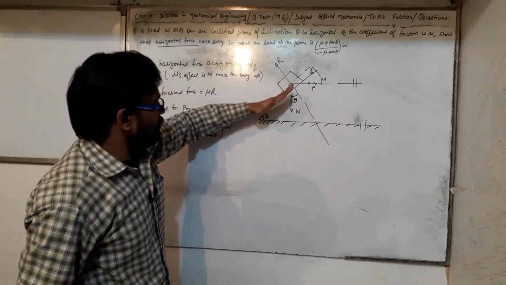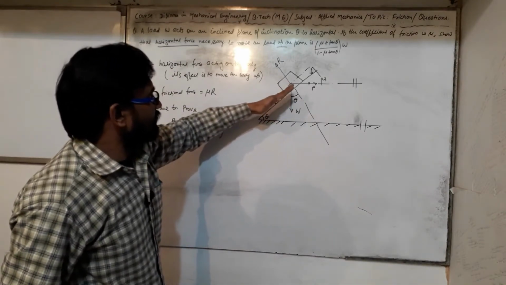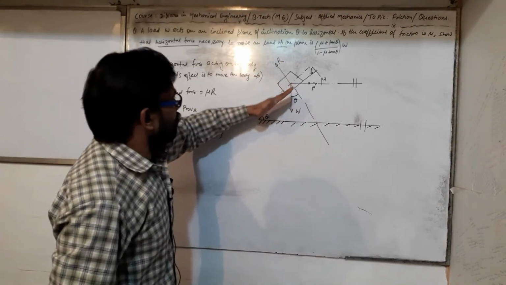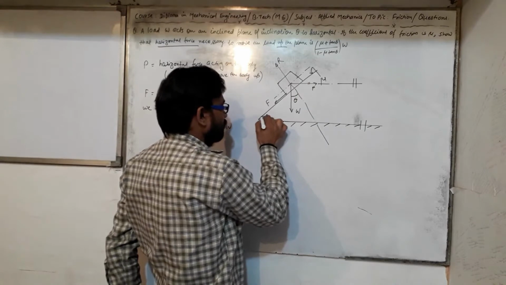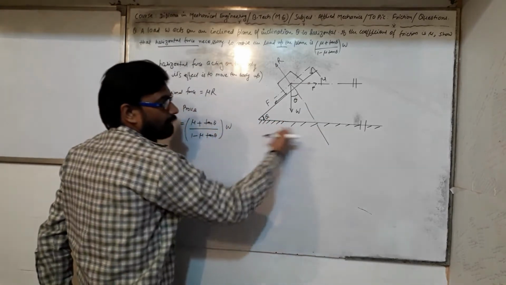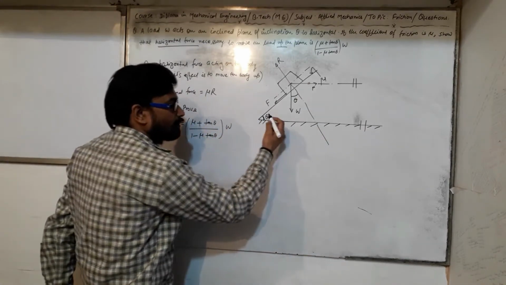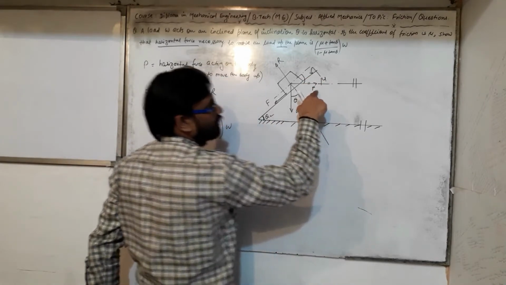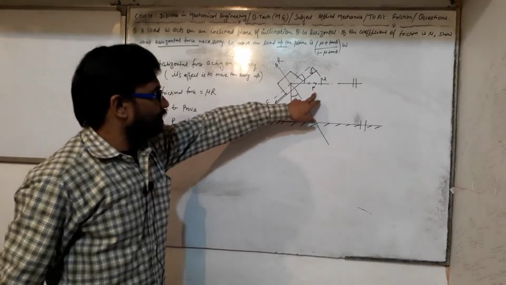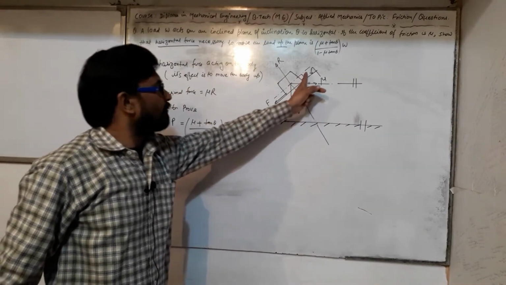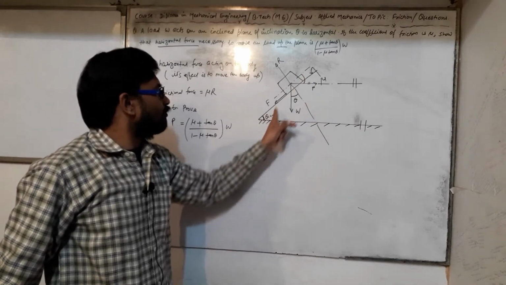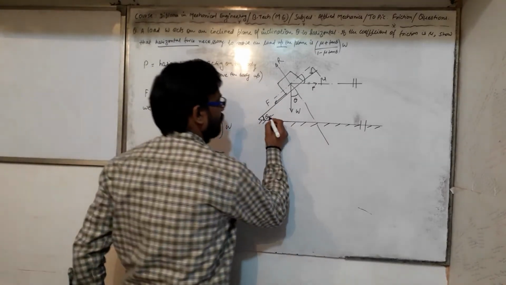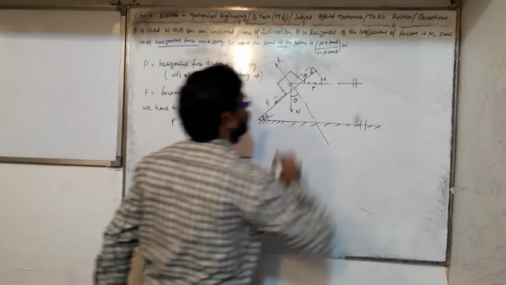The transversal makes an angle theta with the horizontal plane, so the angle made by the horizontal force applied here would be the same. These are corresponding angles.